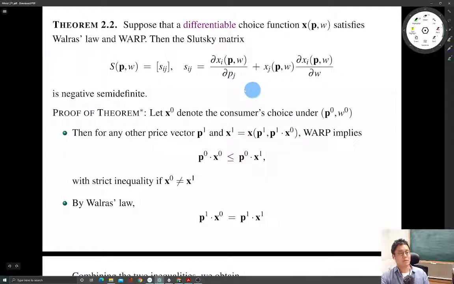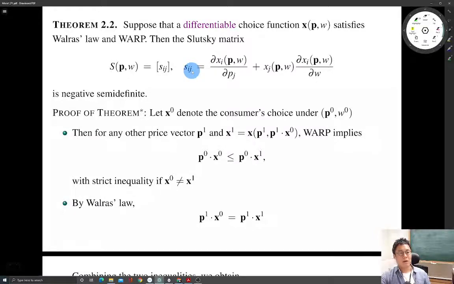Once again, the Slutsky matrix with this choice function is defined as the collection of these entries, S sub ij. S sub ij stands for the substitution effect on the demand for good i in response to a change in the price of good j.